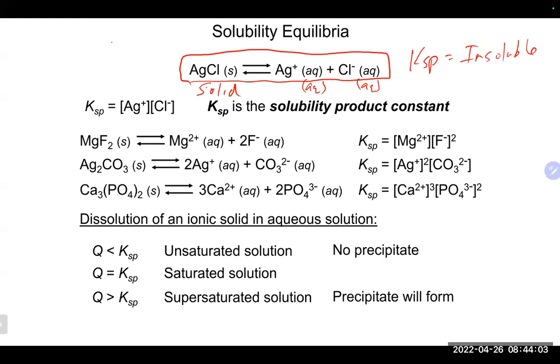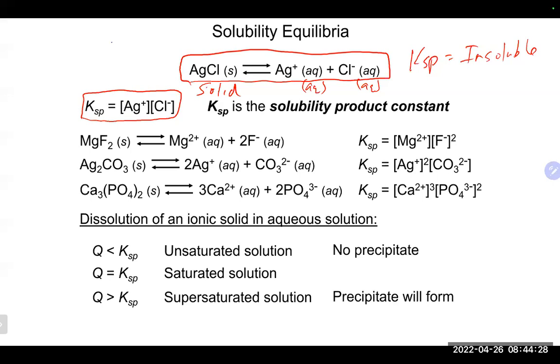here. So that's what we see here when we look at silver chloride, which again is a white solid that you get when silver and chloride come together based on solubility rules. That is something that is insoluble. And if we write the equilibrium expression or the Ksp expression, as we can see, it is just our product. So it's the concentration of silver ion times the concentration of chloride.